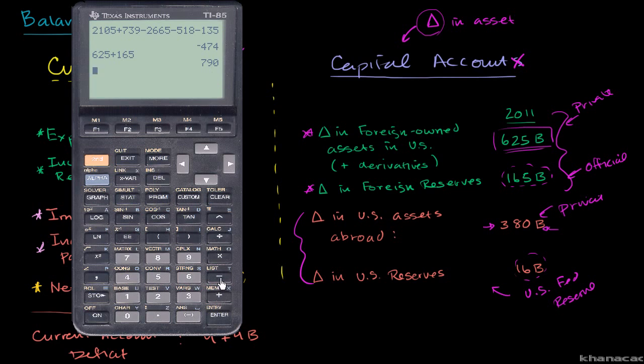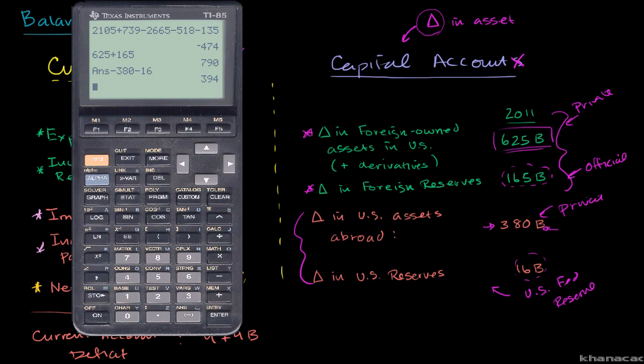Well, on the other side of that, Americans went out and bought $380 billion. And when I write that's answer, that's just the previous answer. So we have $790 billion, which is what's inflowing, and now this is what's outflowing. $380 billion to buy assets in other countries that the non-Federal Reserve actors do, and then these are the assets that the Federal Reserve also buys, but those are also outflows of payments. And we are left with a positive $394 billion. This is $394 billion larger than this right over here.